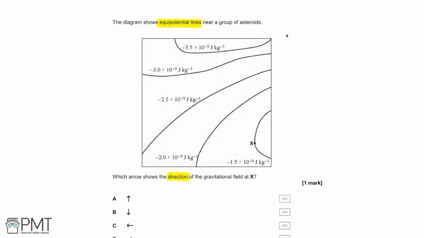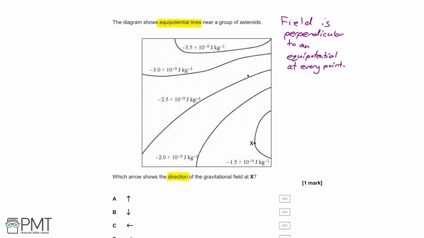In order to answer this question, we need to use two facts. First, we need to use the fact that the field is perpendicular to an equipotential at any given point. This is because the field is given in the direction of the maximum change of the potential. That's how it's defined.